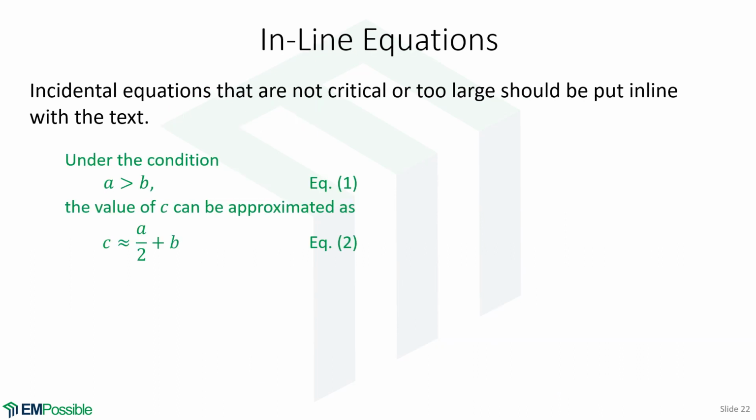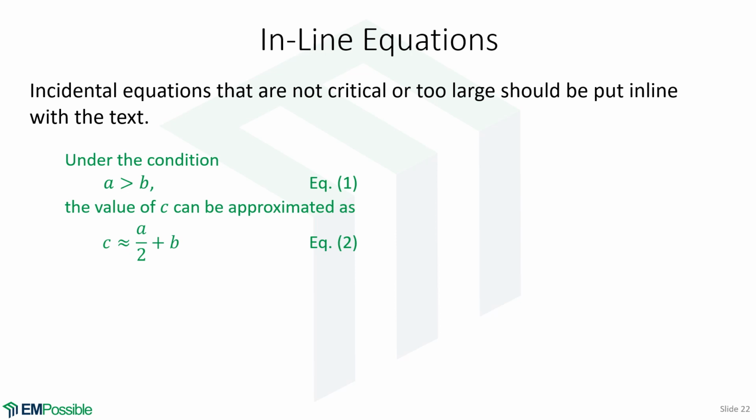Inline equations versus breakout equations, where they get their own separate line, like this: A greater than B. And the rule is, if it's just an incidental equation or a small equation that's part of a discussion, it really should be put in line with the text. You only want to break out to a separate equation if the equation's way too long to be practical to put in line with the text, or if it's an equation that is critical to whatever it is you're describing.